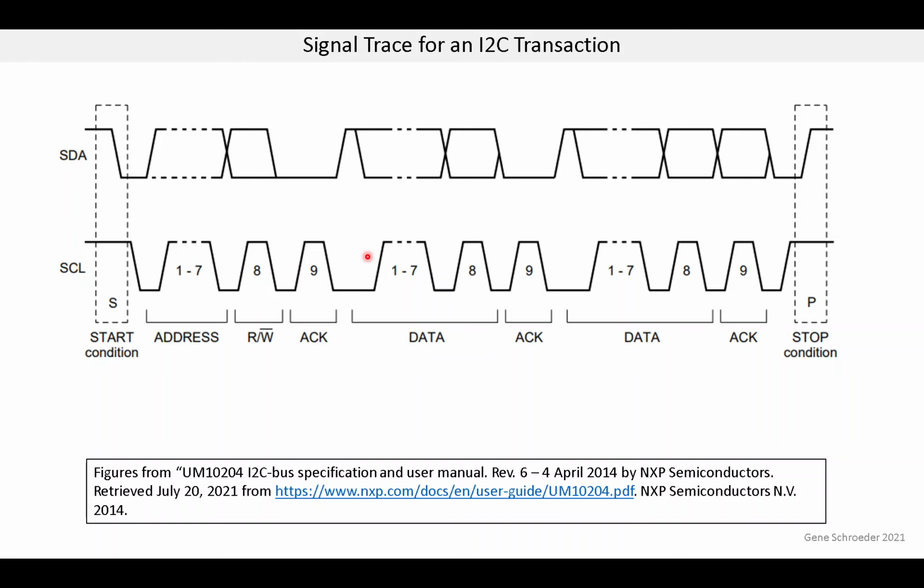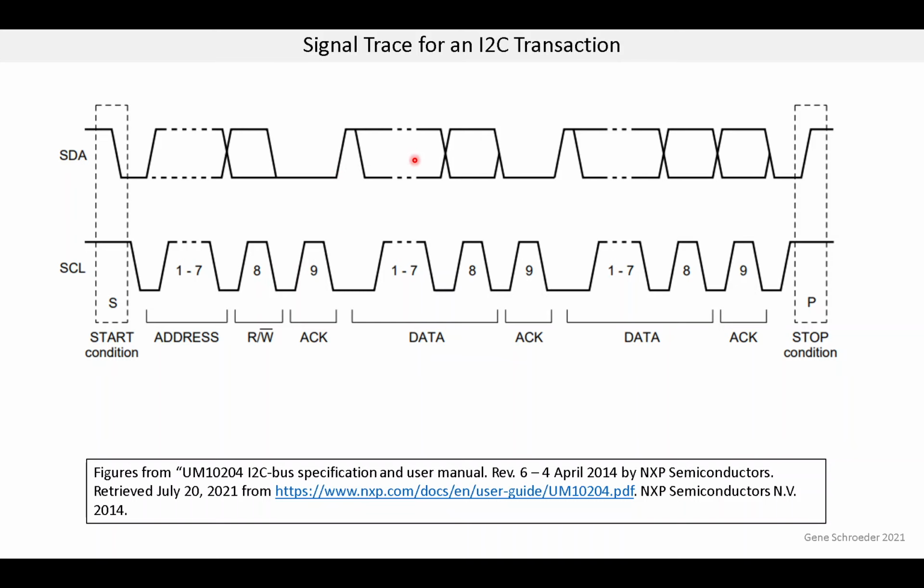So once you get the idea of the clock signal and how it tells you when to sample the data signal, you have learned a key concept in digital sequential logic. Transmitting data bytes works the same way as the address and read-write bit.